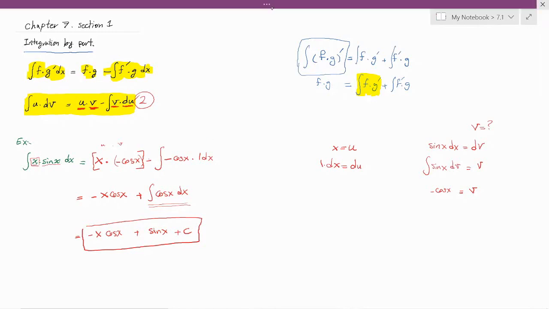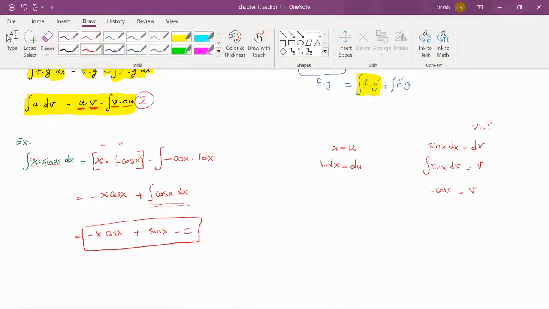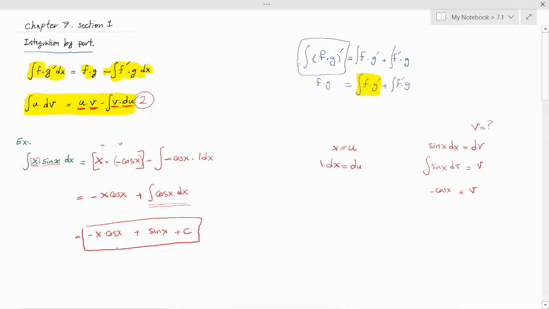You can check. How do we check? If we're trying to see if this is the correct integral, we take a derivative of negative x cosine x plus sine x plus c. Let me write d over dx.